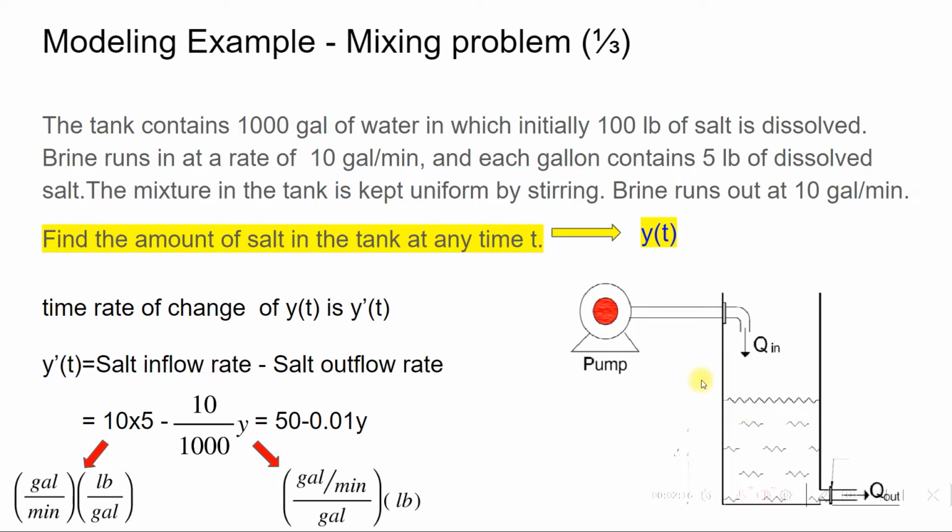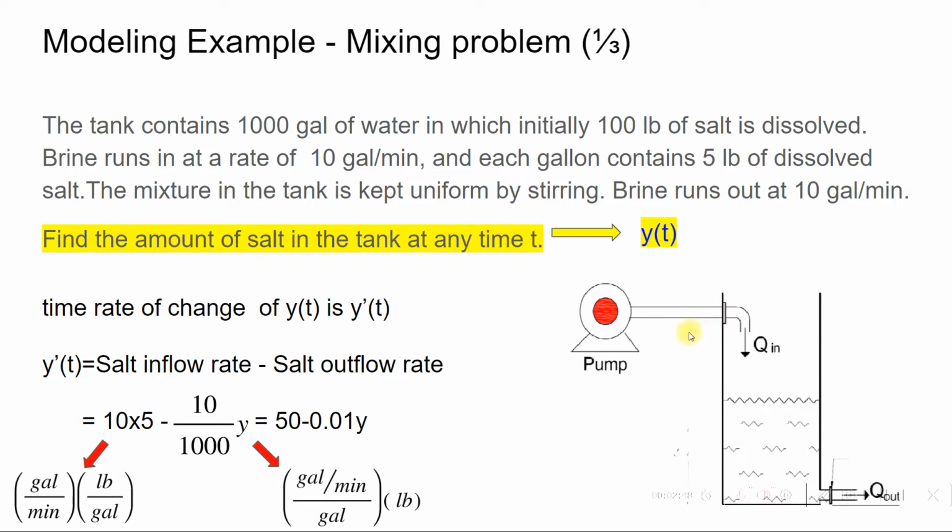And secondly, because the volumetric flow rates of the inflow and the outflow are identical, the total volume of water in the tank will remain the same. And if the inflow and the outflow go on, you can see that ultimately all the water in the tank will be replaced with the high concentration brine.